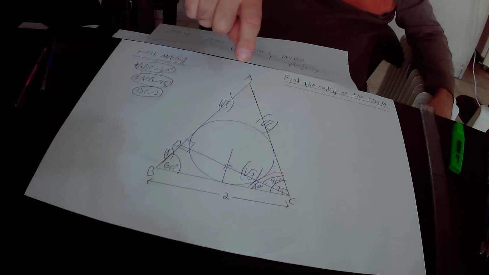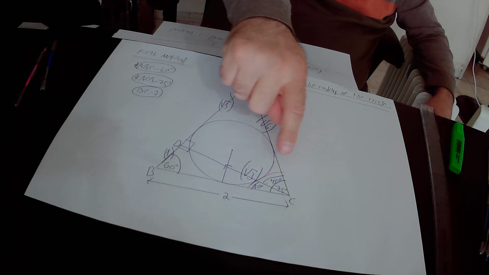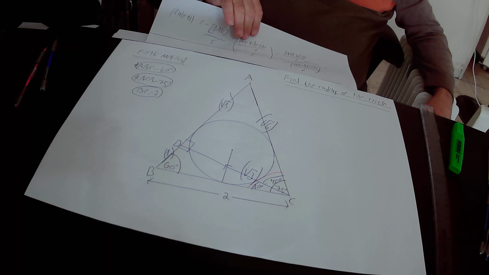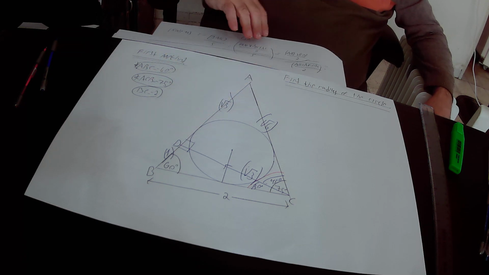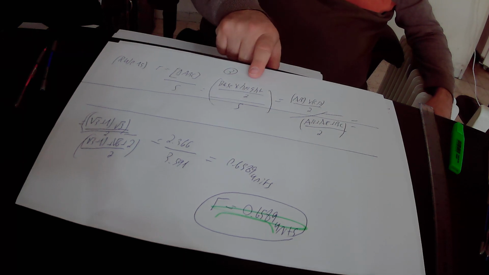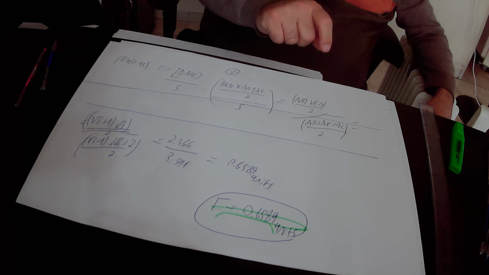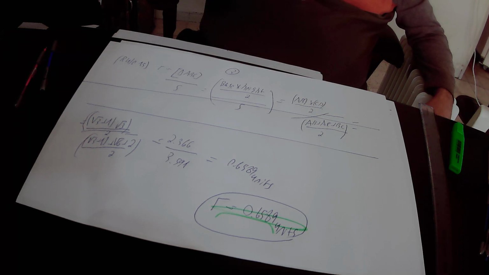and therefore the height to the base must create 90 degrees with the base. So the height to the base is CD, because it creates 90 degrees with the base AB. Repeat again, the base is AB, the height is CD, and we have to divide by 2 in order to get the area of triangle ABC.